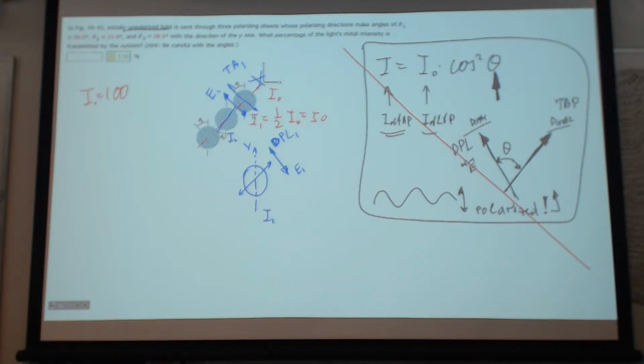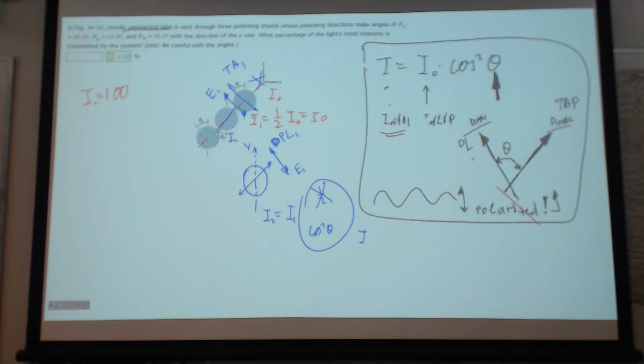Intensity number 2 will be equal to intensity number 1 times, and now you have to choose, is it 1/2 or cosine squared? What do you say? Cosine squared, because it's polarized light. Absolutely. So that was kind of premature before. Now we can use it. Now this will be absolutely the right way to solve it.